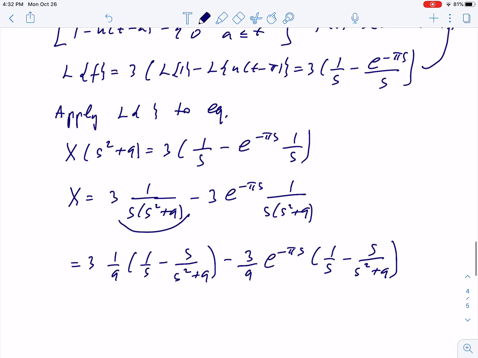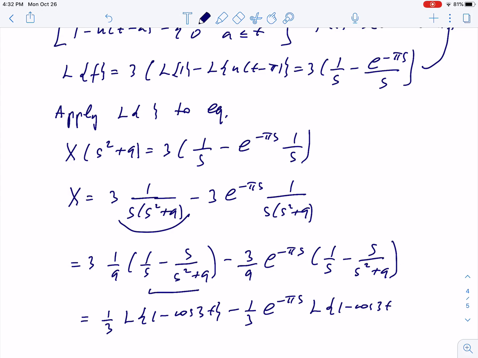Okay, we know the origin of this thing in the parentheses. I'm replacing it. In the meantime, divide by 3, reduce by 3. So we have 1/3 of (1 minus cosine 3t) minus 1/3 exponential minus pi s times (1 minus cosine 3t).